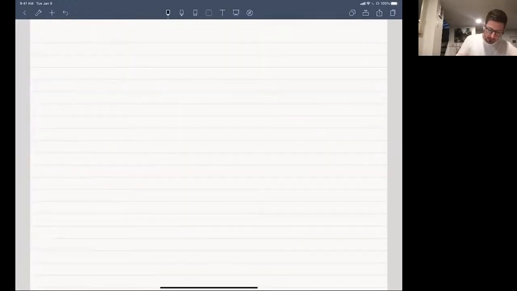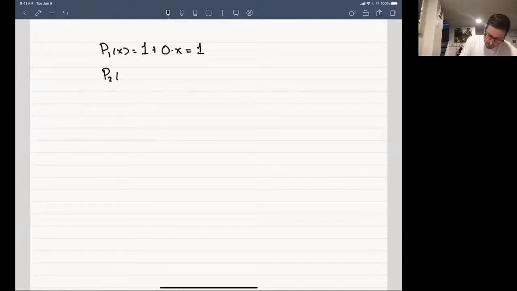And similarly, the Taylor polynomials, so let's say P1 of x, well, this thing is just 1 because there's no linear term, right? It's 1 plus 0 times x, which is just 1. But then P2 of x is 1 plus 0 times x minus 1/2 x squared, which is equal to 1 minus x squared over 2.